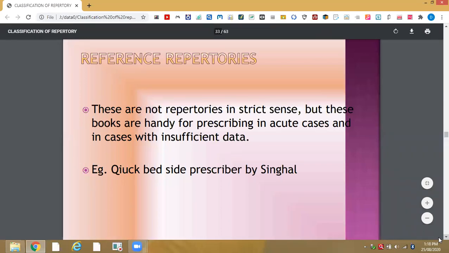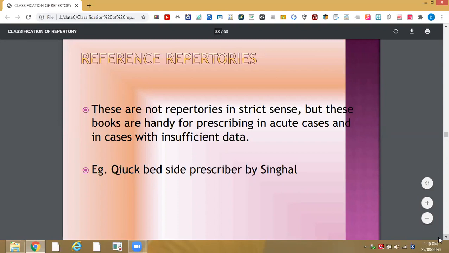These are not repertories in the strict sense, but these books are handy for prescribing in acute cases and in cases with insufficient data.